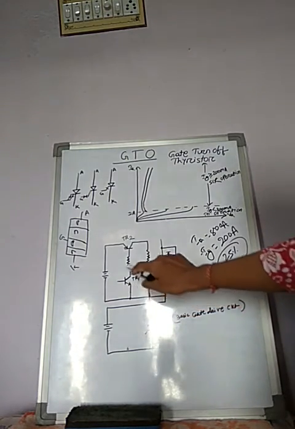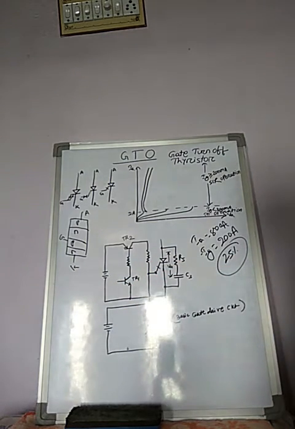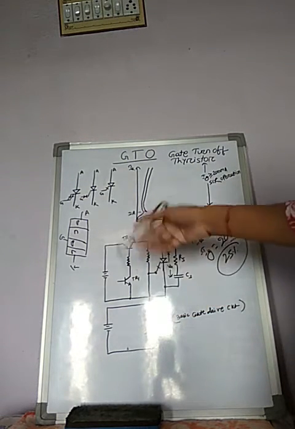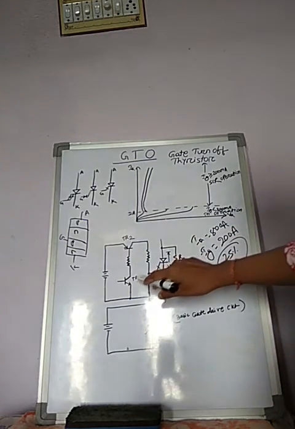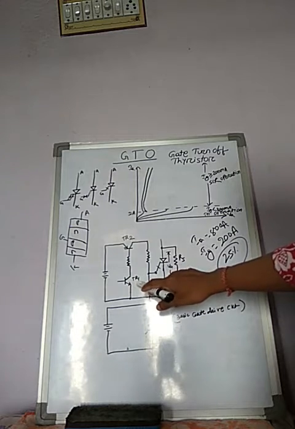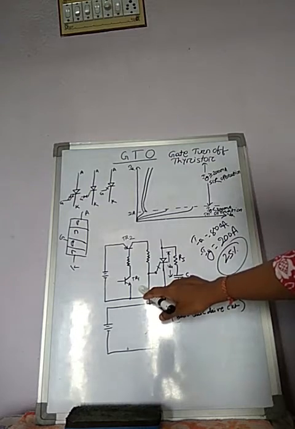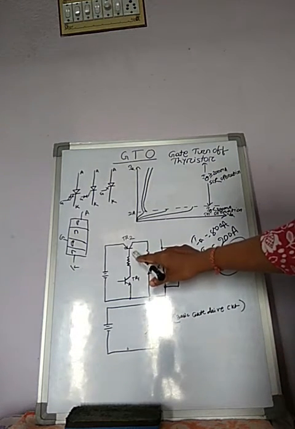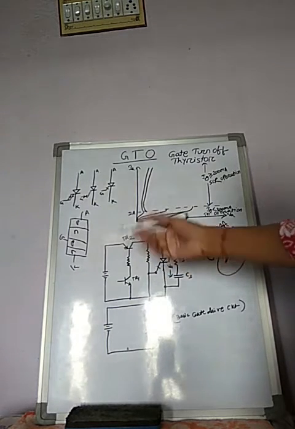When we give the control signal to TR1, this device turns on. When this device is turned on, it switches on the TR2 device. When TR2 is given the control signal, it is turned on. TR2, meaning transistor 2, switches to the on state.